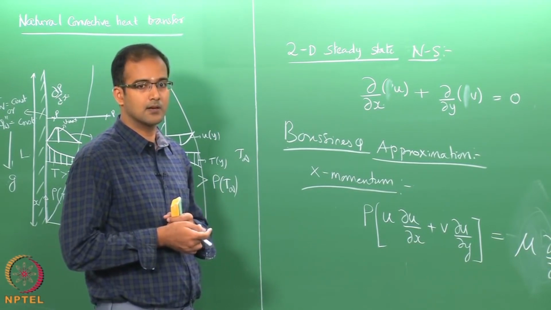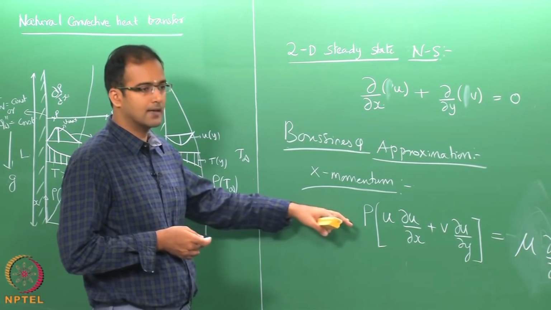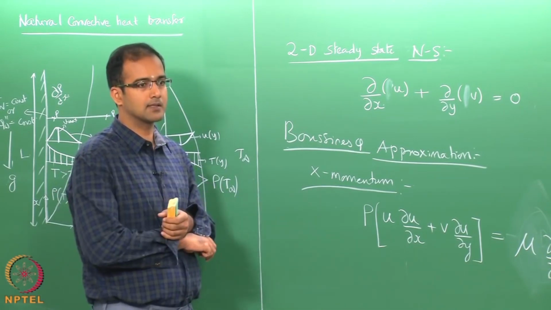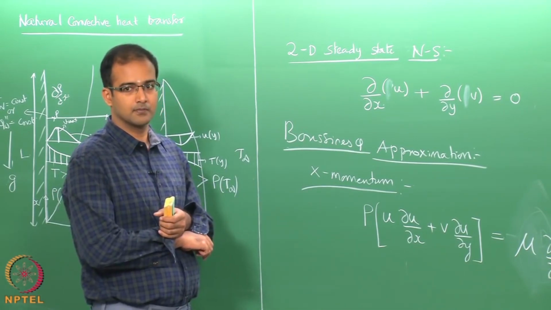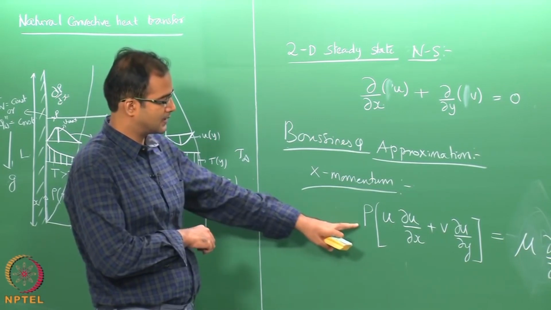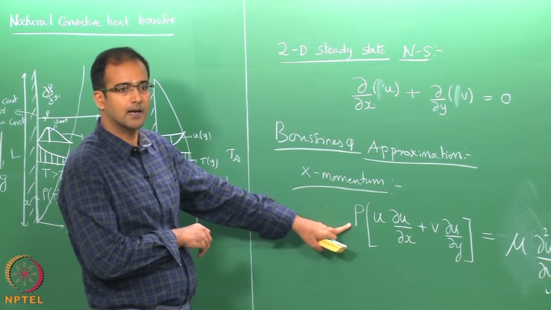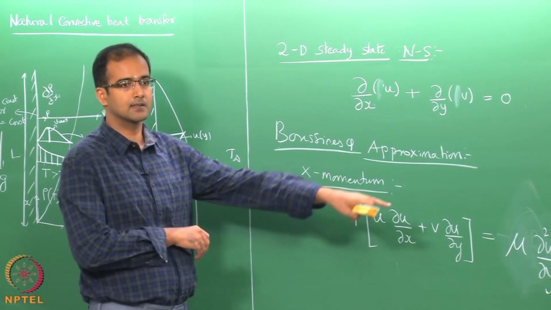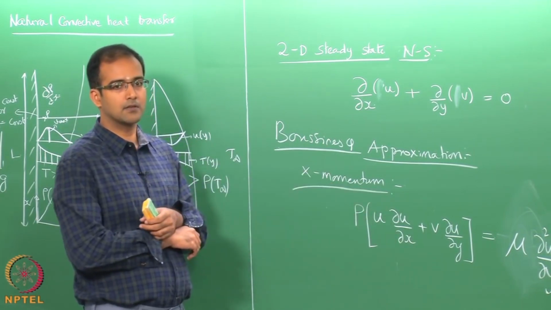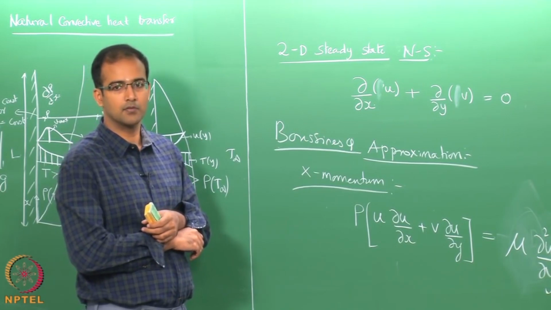So, this is now what we call the momentum equation invoking the Boussinesq approximation. The Boussinesq approximation says that the density can be treated as a constant in the advection part, whereas you invoke it as a function of temperature in the body force term.